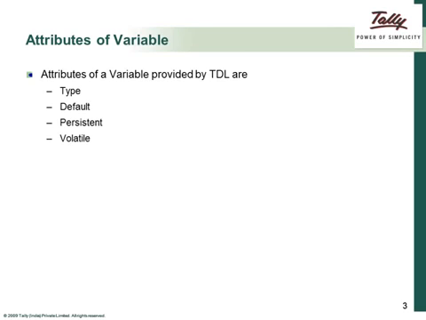Whether it's a string, number, date, or logical. What will be the default value of this variable when it is introduced to Tally? There is something called persistent, there is something called volatile, right? So we start with something called data type, called type.